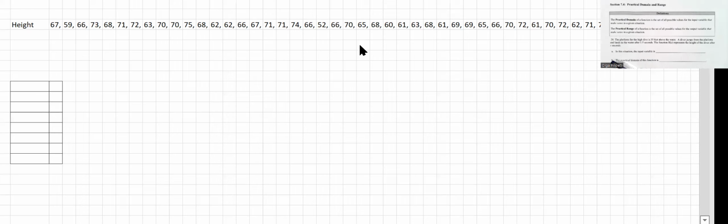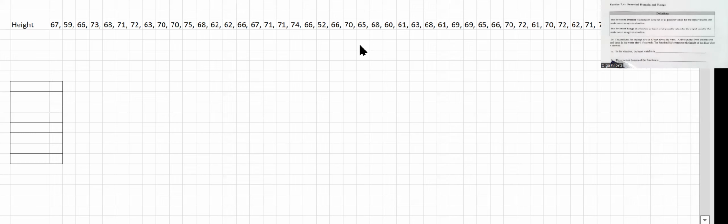So here, I'm not going to have any inputs of 0 or 1, 2, 10, 20, 30, 37, and so forth. Those values do not exist in this data set. And that means my practical domain for this data set is not going to start with 0. My practical domain may start with 50, right?